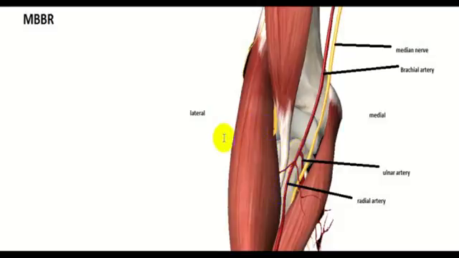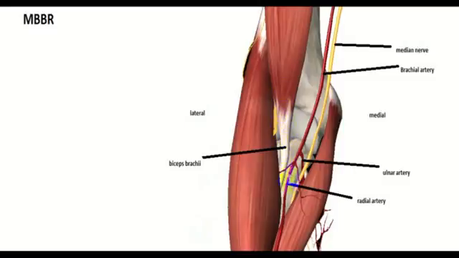Now the next content of the cubital fossa after the brachial artery is the tendon of the biceps brachii. The tendon of biceps brachii is found in the cubital fossa.